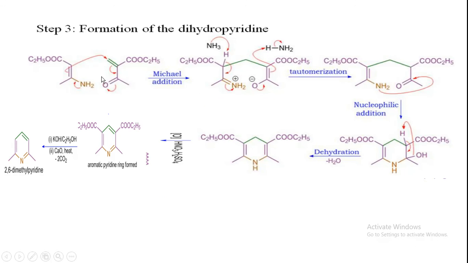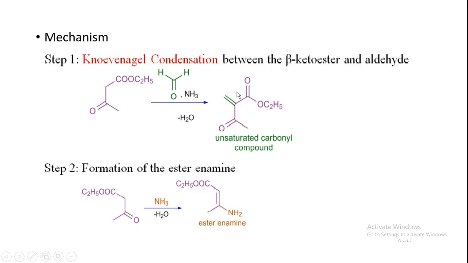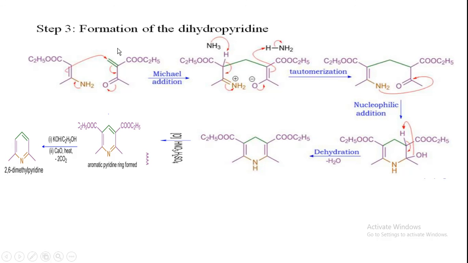In the next step, this ester enamine and this unsaturated carbonyl compound will undergo a Michael addition reaction, not condensation, Michael addition reaction. So here this double bond of the enamine is attacking this one. Okay, so ultimately it is forming one bond here with carbon.